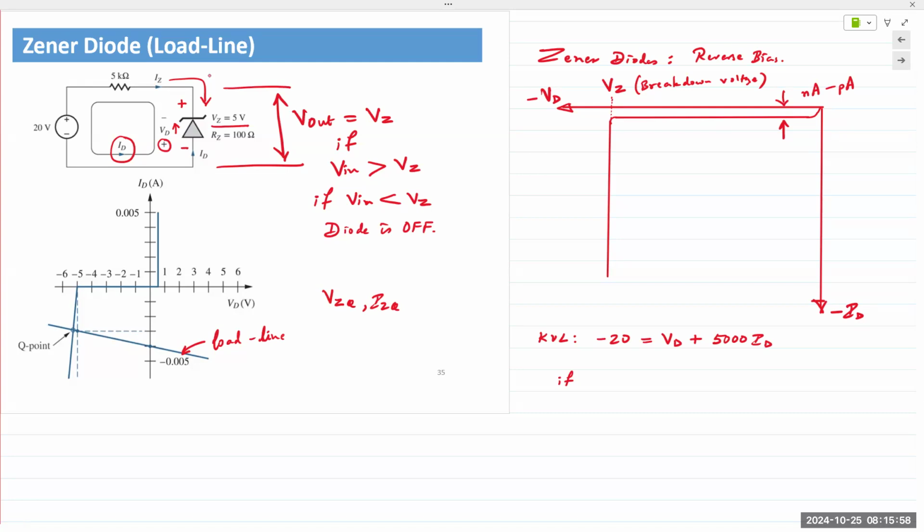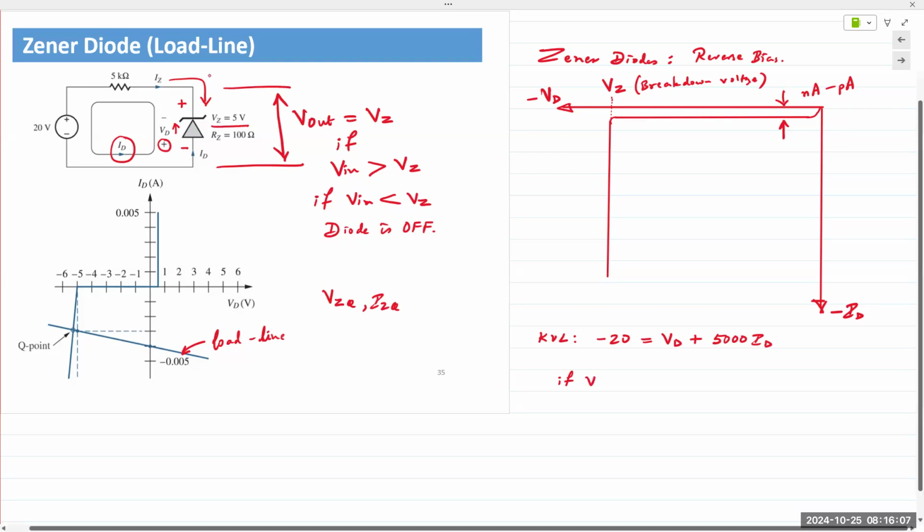Then we simply choose values for VD and ID as equal to 0 and calculate the other one. So if VD is equal to 0, then ID, straightforward, is minus 20 over 5000, which gives us minus 4 milliamps.